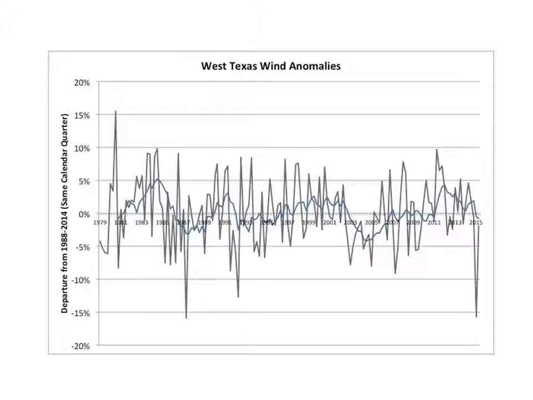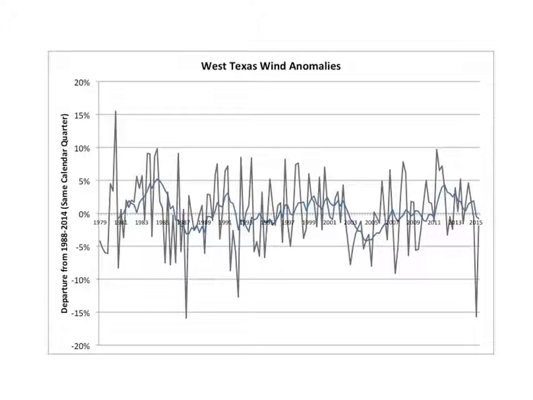You can see a signal in black here that's annual or quarterly wind speed anomalies. If you're at 0%, you're at average. Then you also have a smoothed or filtered signal here in blue. I can't tell just looking at it how many months they're filtering at a time.